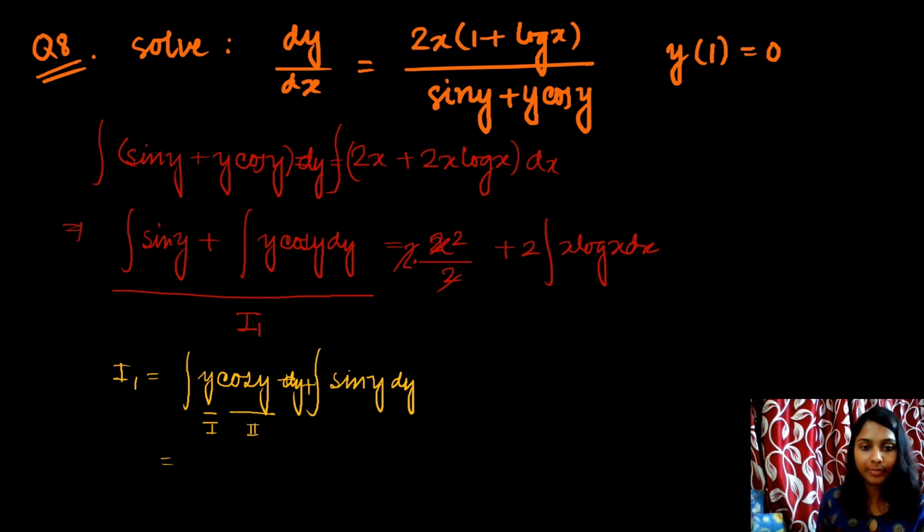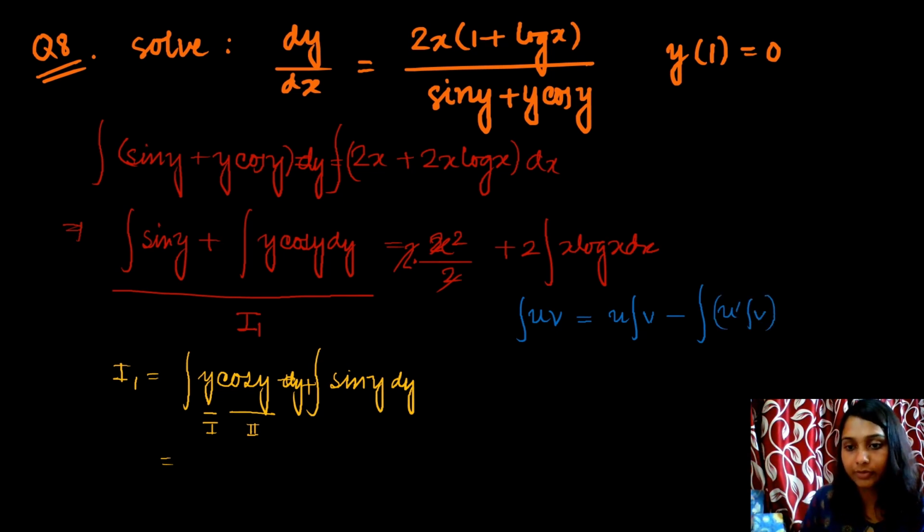So by integrating by parts, what is the by parts formula? The by parts formula is this: integration of u into v gives u integration v minus the integration of the derivative of u times the integration of v, and whole integration of these two terms.